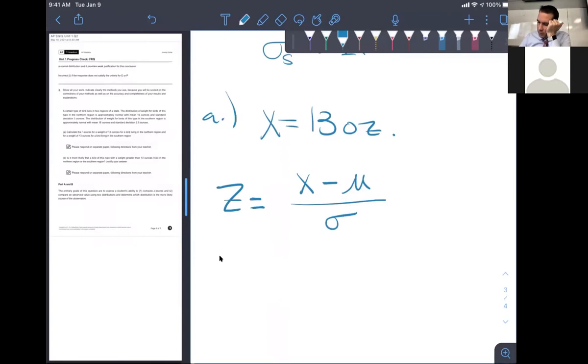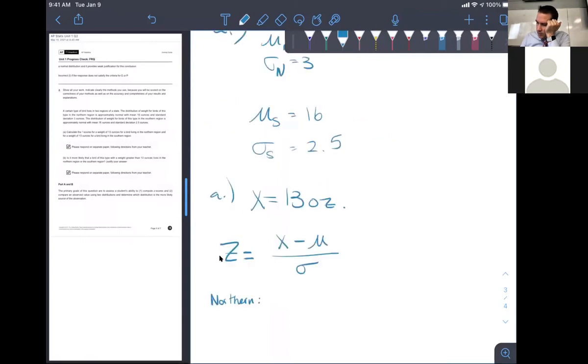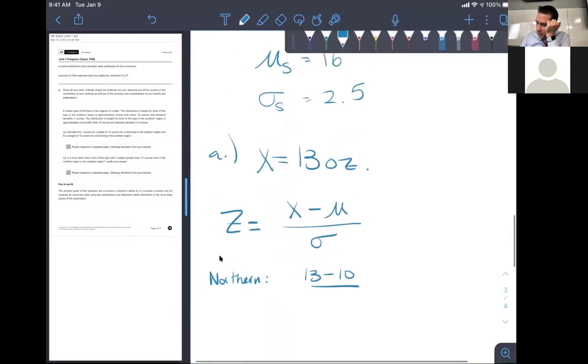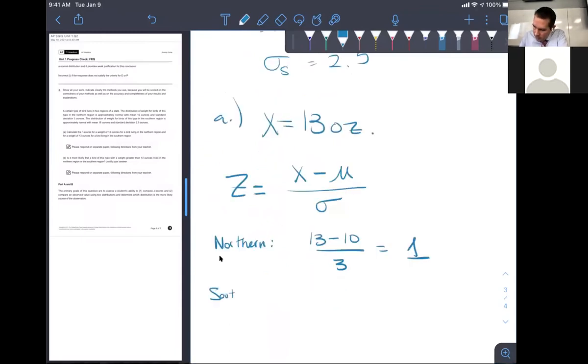So for the northern region, that would be 13 minus 10 over 3. Well, that's a nice easy number. That's 1, unitless, right? We removed the units, which allows us to compare.